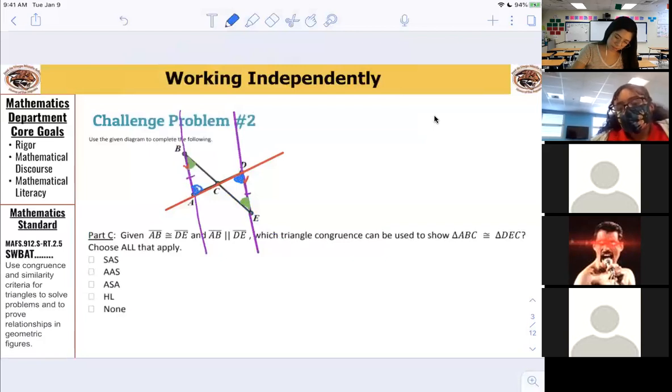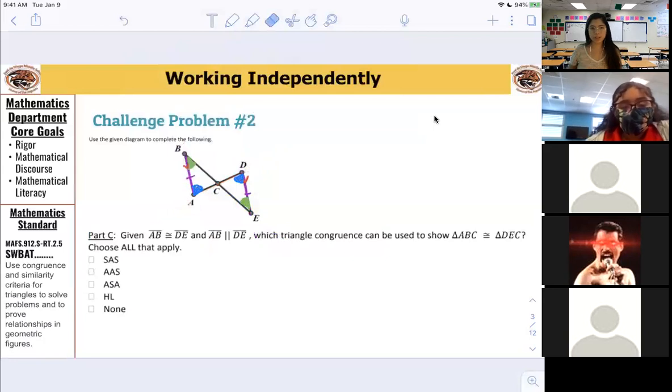Okay. So now I know all of this information, and there's one last thing I actually know about. Can anyone pinpoint one more relationship I can highlight?